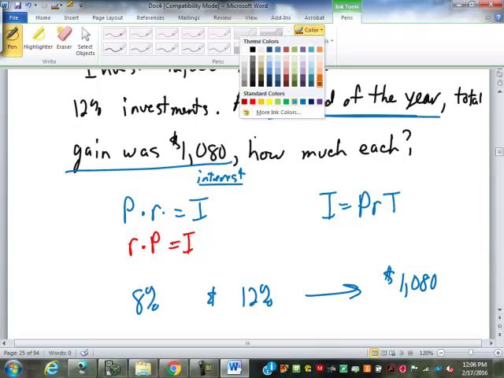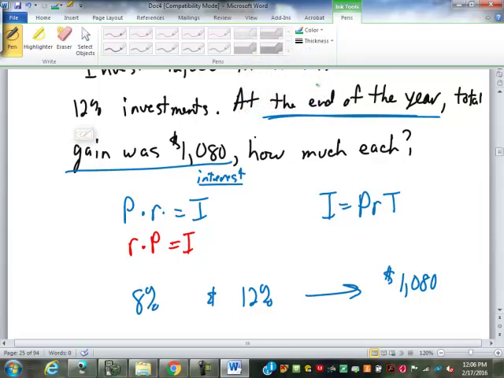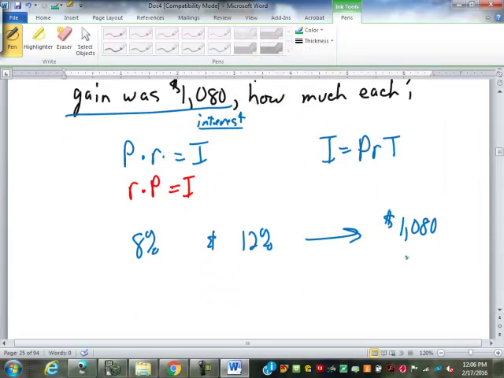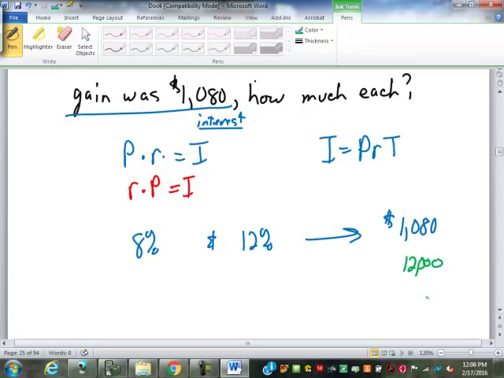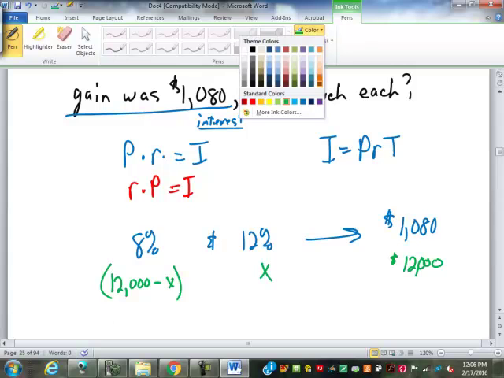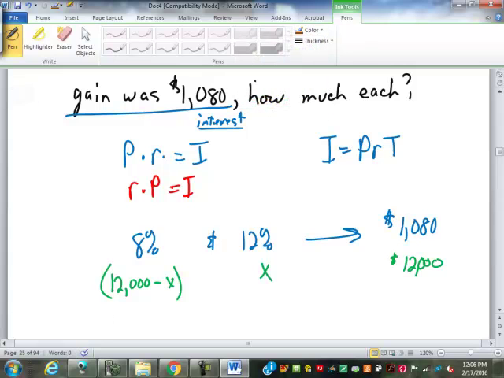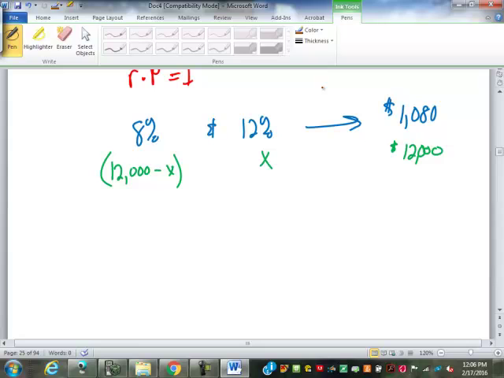How much of each did I combine? Well, it doesn't say. But we do know that we put $12,000 total into this investment. So if I let one of the amounts be X, I always go with the higher percentage, usually for X. So 12%, I'll let the amount that is invested in there be X. The amount that's invested in the 8% then is 12,000 minus X. And now we're going to just plug this in like any other mixture problem.